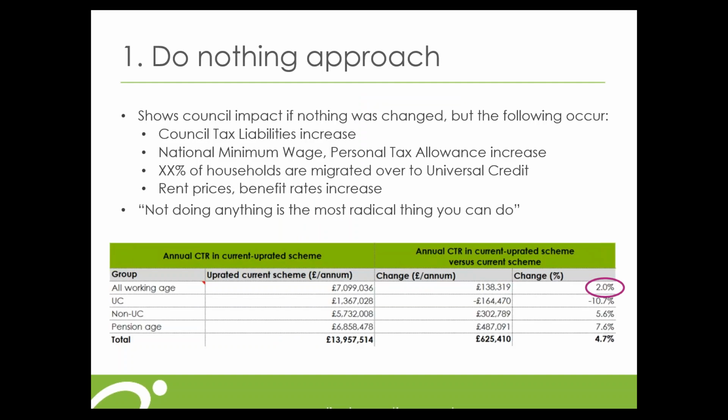After we do that, the first thing that we do is make sure that the engine we're using to model your council tax reduction scheme is doing exactly what your current scheme is doing. So we make any necessary tweaks. In the Wolverhampton scheme, for example, we made sure that the maximum level of support was what they were using.